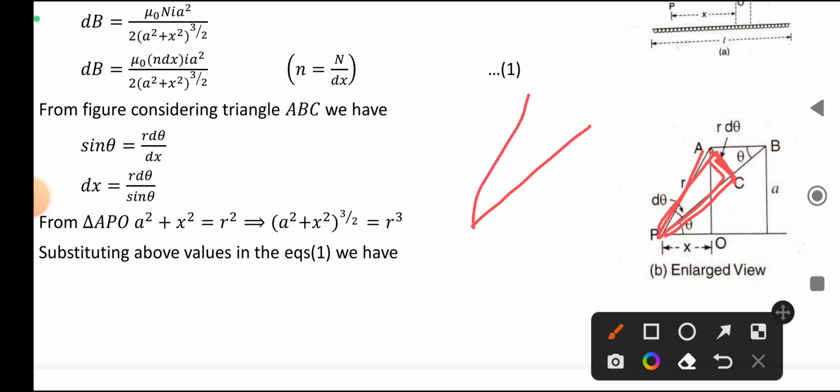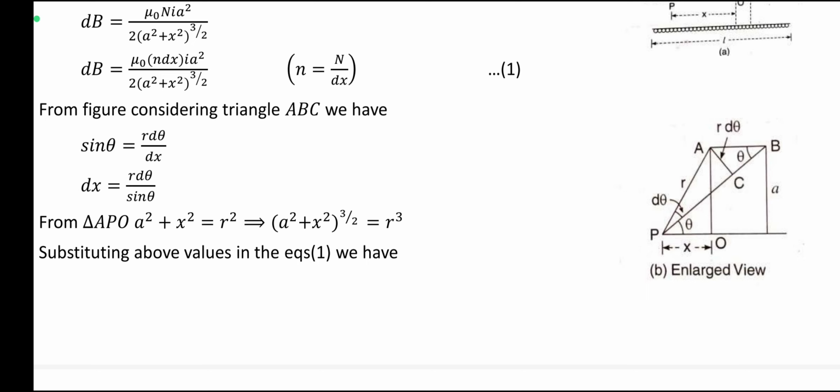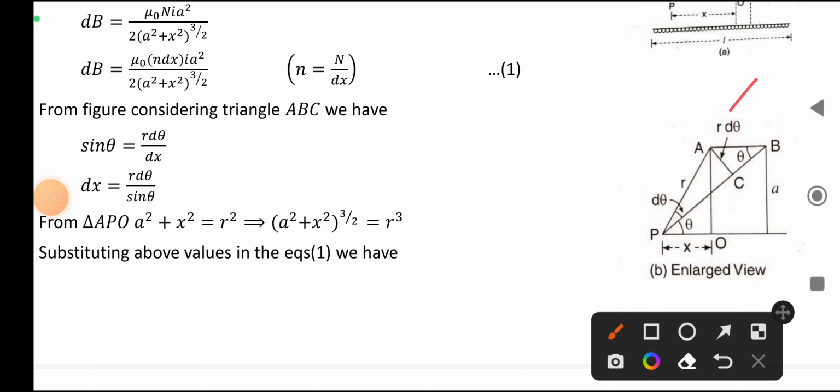AC has the angle d theta, and the radius is r. Arc is generally radius into angle, so that is why it is r d theta. So the arc is shown as r d theta.